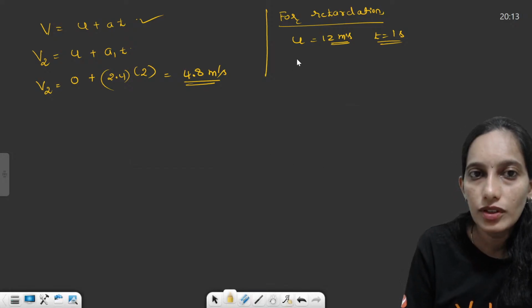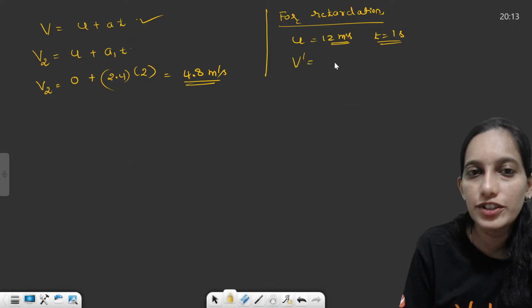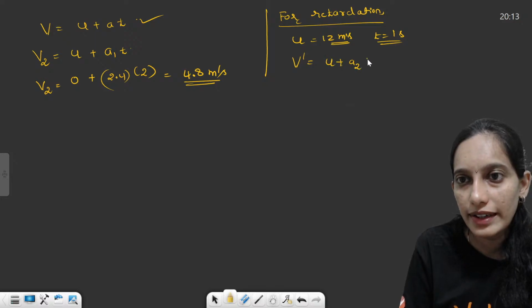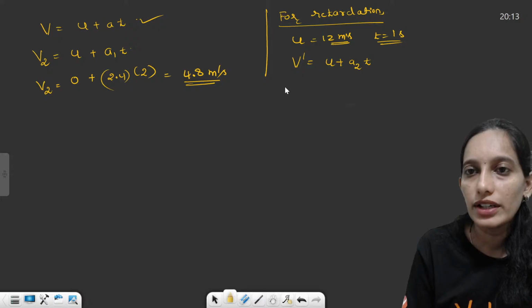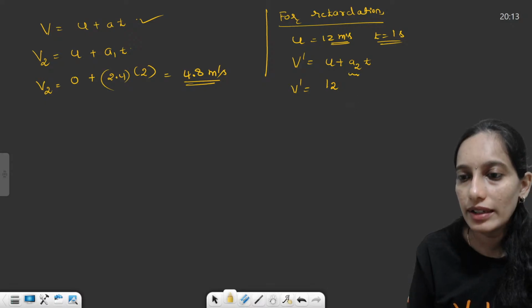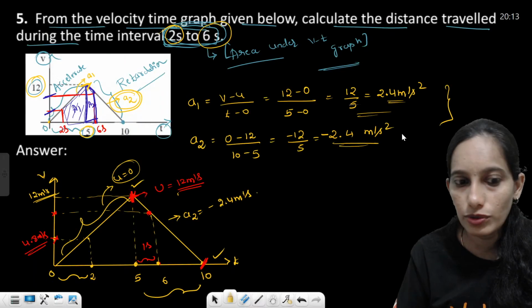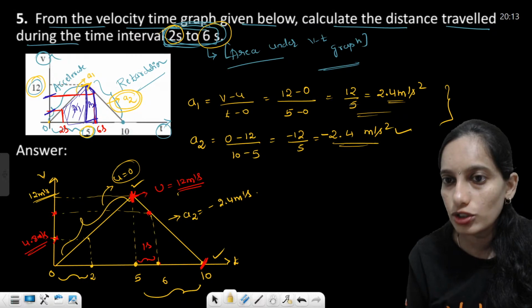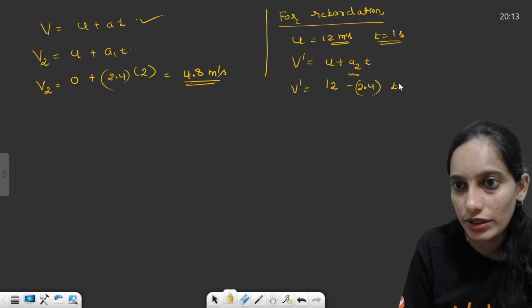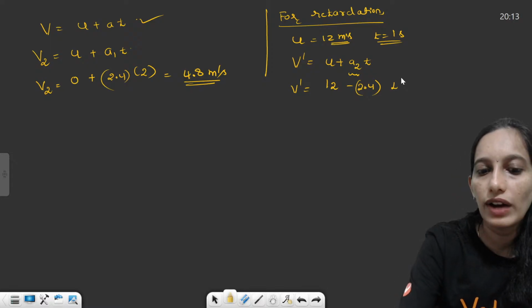Okay, so v dash is equal to u plus a2 into t if I take. Okay, let's substitute. So v dash, which I am supposed to find out, u is 12 meter per second, and a2 has a negative sign, which we have to substitute. So that is minus 2.4 into time, how much? This should be clear. So that is only 1 second.